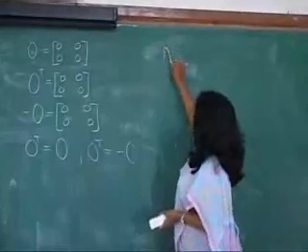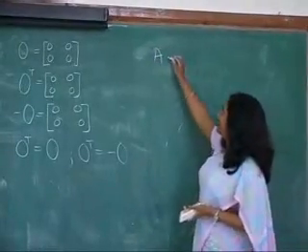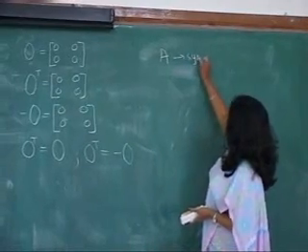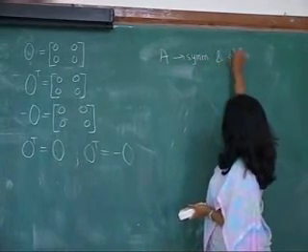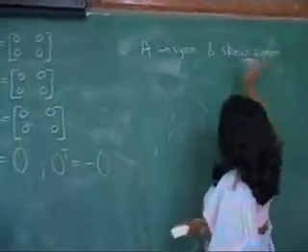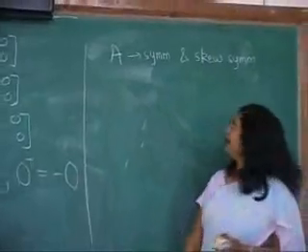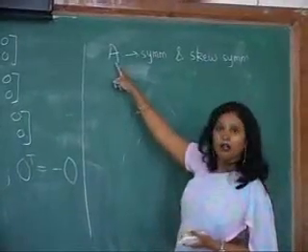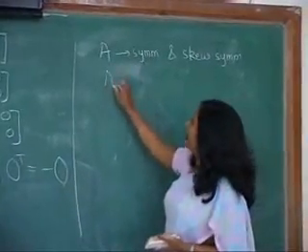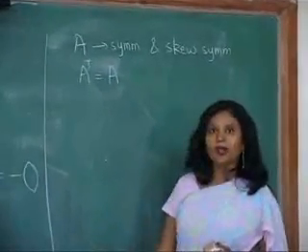Suppose I take any other square matrix which is symmetric and skew symmetric. So suppose I take a matrix A which is symmetric as well as skew symmetric. Now first of all, because it is symmetric, A transpose should be equal to it.